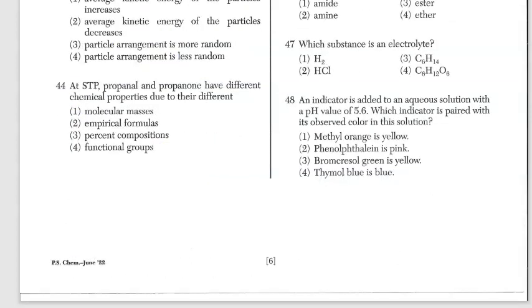For question 44, you have propanol and propanone. They definitely have different chemical properties. You'll notice the endings of the words are entirely different. The beginning of the words, of course, is the same. Prop is a prefix for 3 carbon.